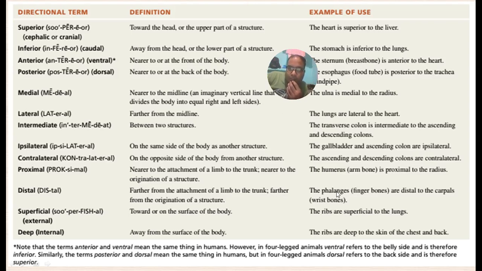So phalanges are distal to the carpals. We are comparing it with the carpals. When we compare it with the carpals, we use the term distal, meaning very much far from the point of origin.